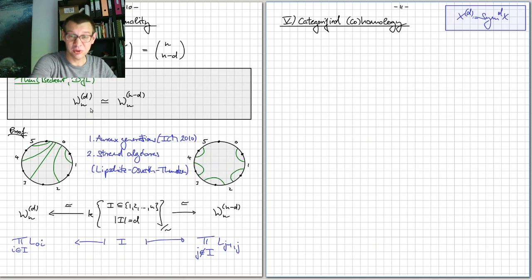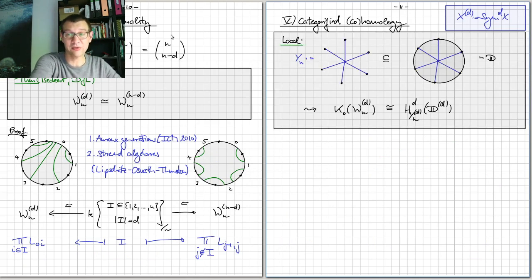Okay, how is this supposed to work, or why is it supposed to work? Well, this is another way of thinking of this as a process of categorification, and that's categorified cohomology. Namely, another way to think of these Grothendieck groups of these wrapped categories is that I can think of them as this abelian group, as a certain cohomology group with support. So there are several ways to think of it: either homology or cohomology, and I can naturally relate to either.